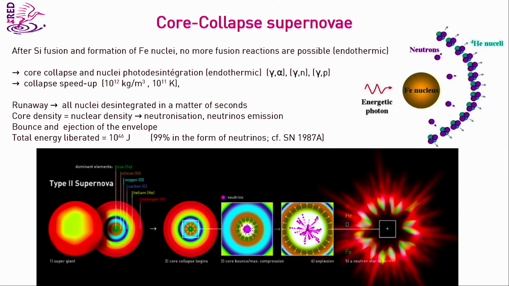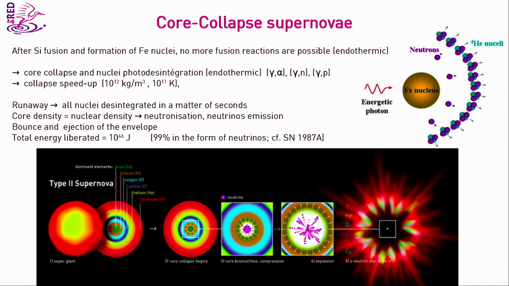For the massive stars, everything happens in another kind of Big Bang. After silicon fusion, you form iron nuclei, but they cannot fuse anymore, and you have photodisintegration of these particles, which is endothermic. So most of the energy released in the supernova is not photons, it's neutrinos.